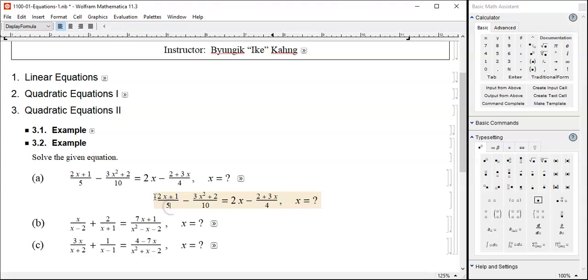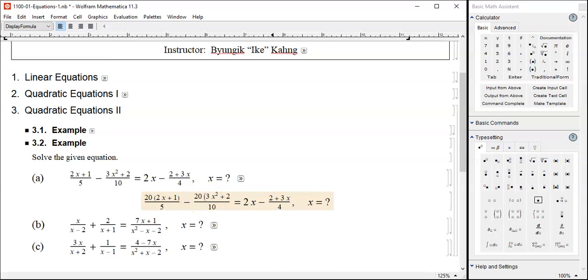So multiply 20 to each term. Multiplying 20 to each term, you can remove all the denominators.